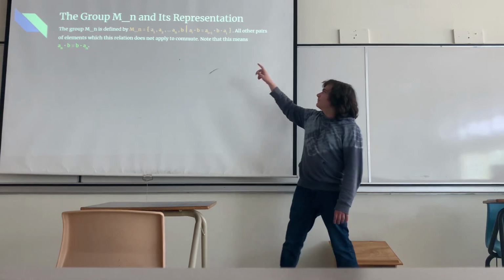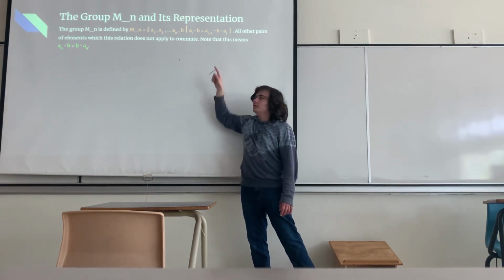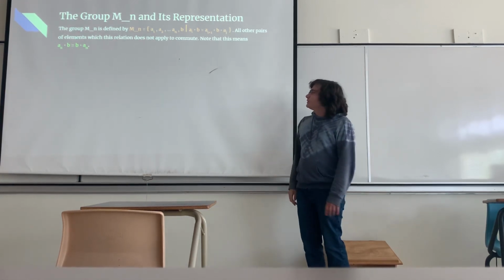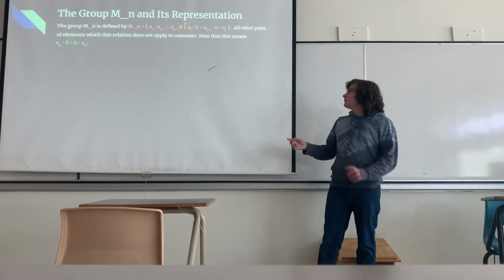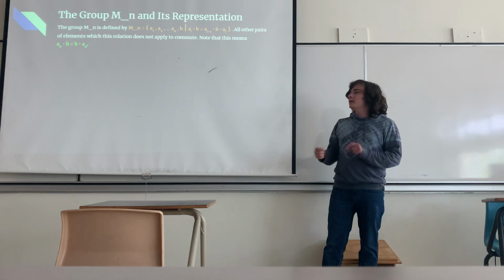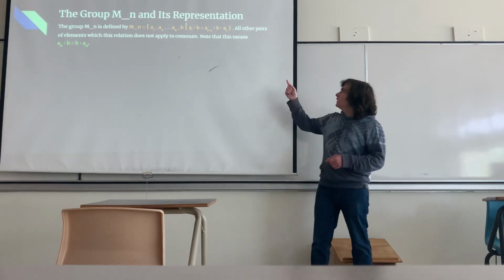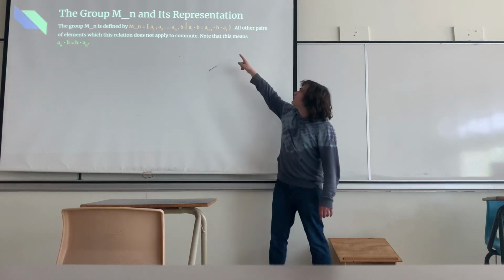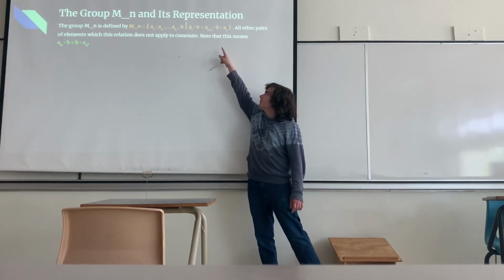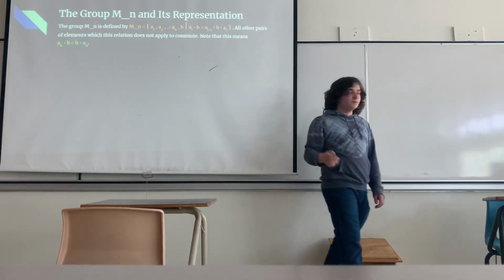So the A's and B do not commute. This is the only time two elements don't commute. If you take any other pair in the group, they will commute. Note that this implies that An and B commute, because this wouldn't make sense for An since there's no next element.